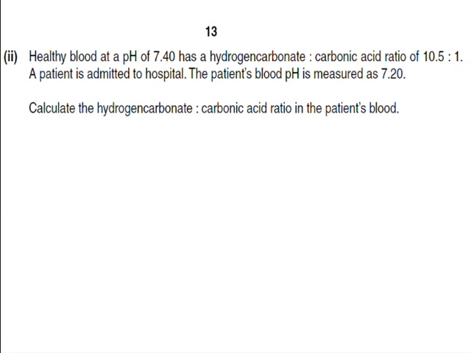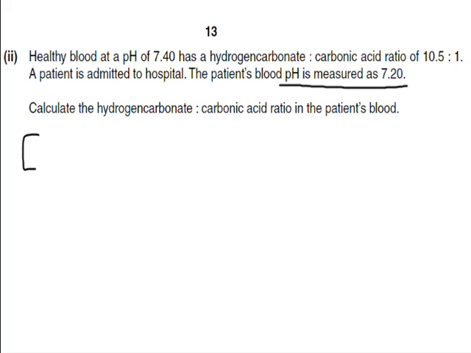Right, we now want to move on to the patient's blood. We're told its pH is 7.2, so again, given a pH value, you should immediately calculate the hydrogen ion concentration.